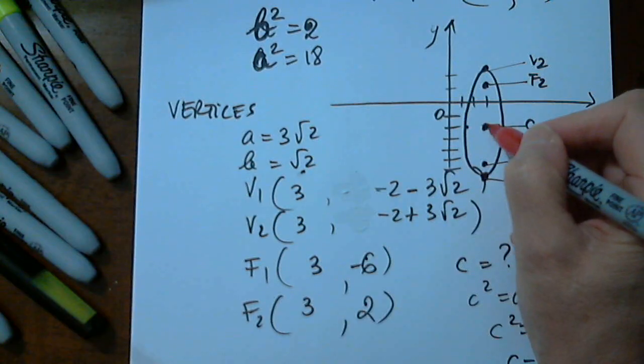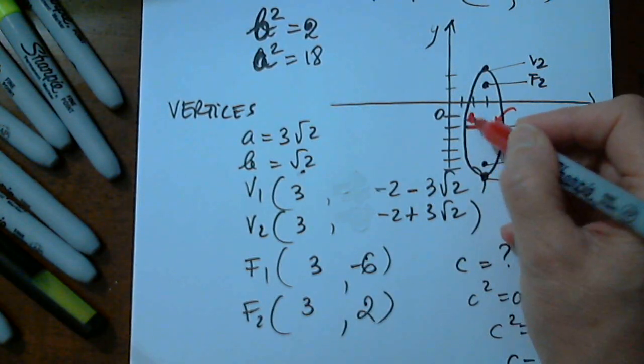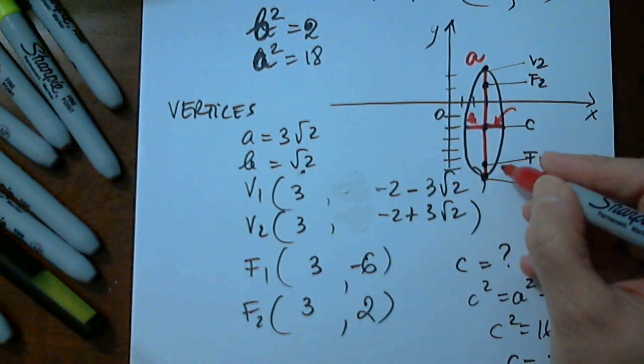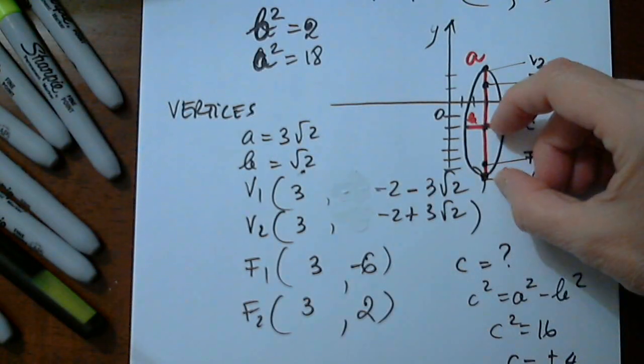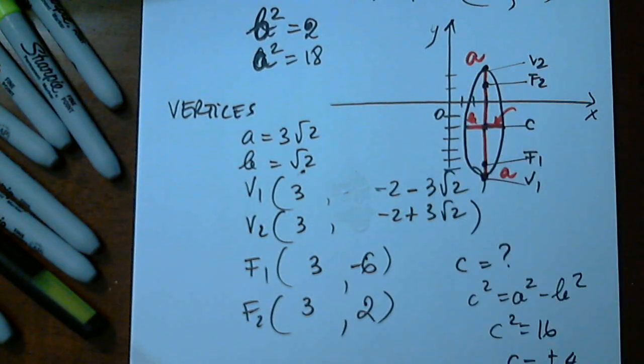This distance is B. This distance is B. This distance is A. This distance is A. Okay. Good pick. Okay, next question.